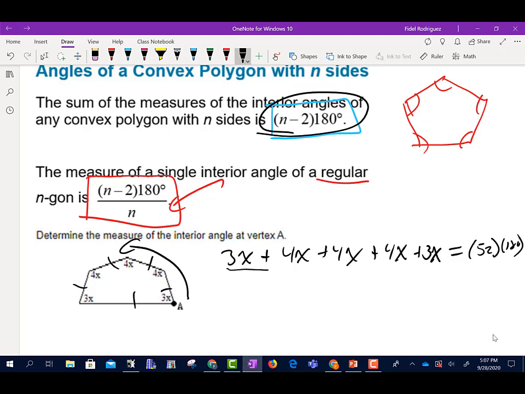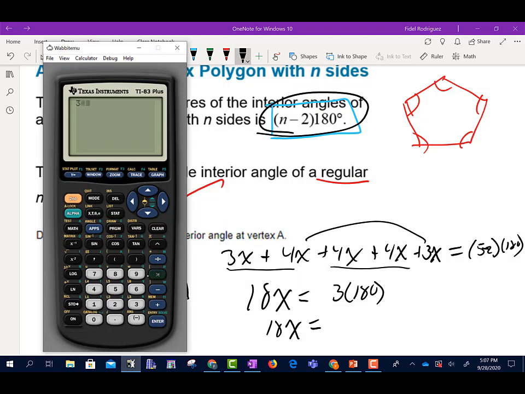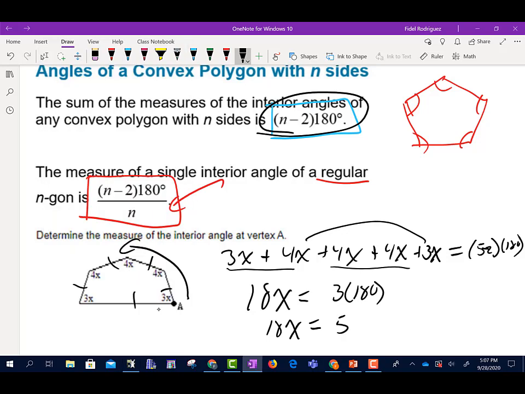Okay, so I'm going to add these up. That's 7. 7 and 3 is 10, and another 8 is 18, so that's 18x. This is a minus here, so 5 minus 2 is 3 times 180. So 18x is equal to, I'll take my calculator, 3 times 180. It's 540, yes.